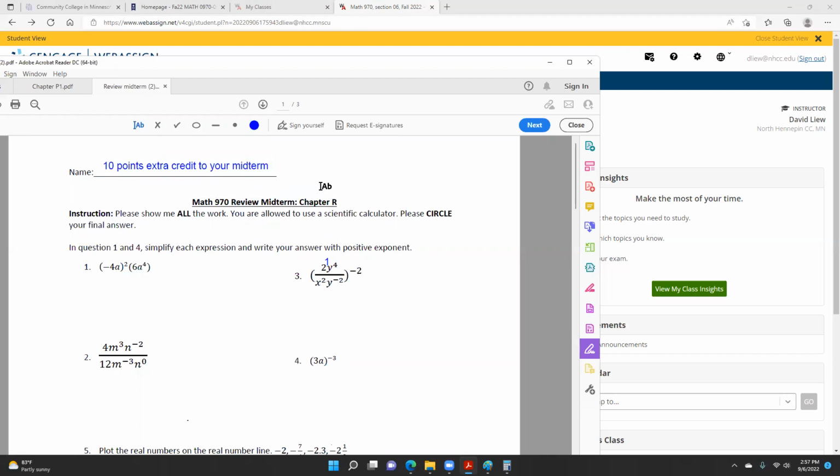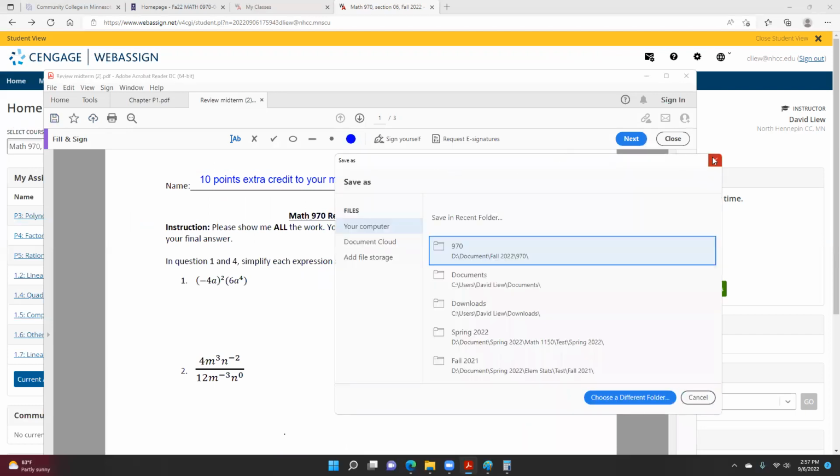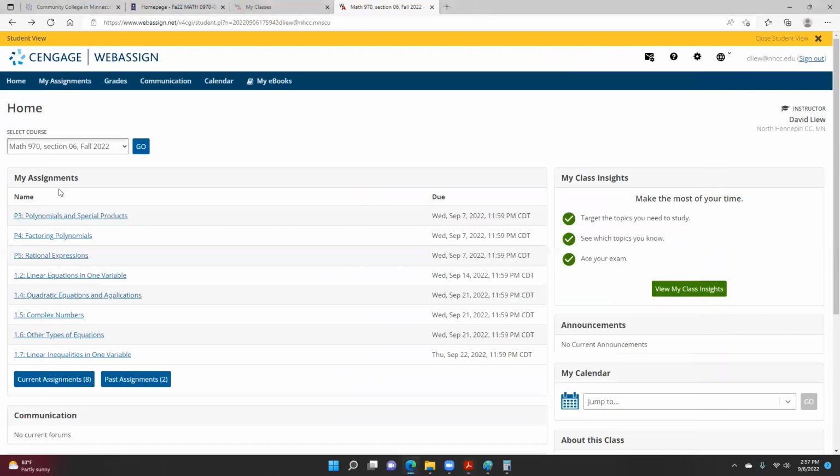Make sure you have your name on it. These 10 extra credit points going towards your test are like a miracle. This is something that will push your F to a D or a C to a B. Big points here. Then your homework, so make sure you do this too.